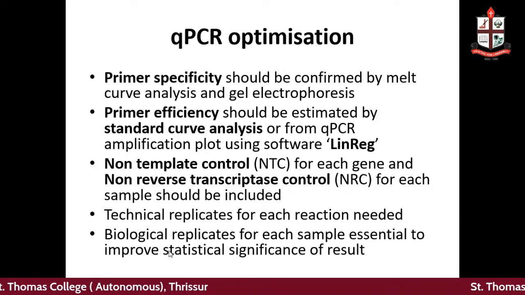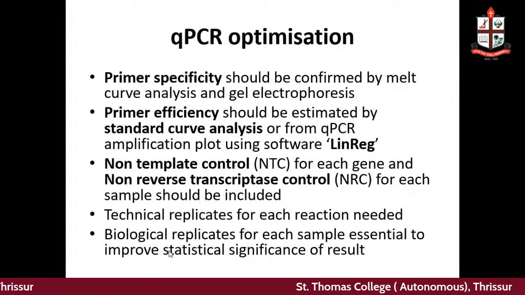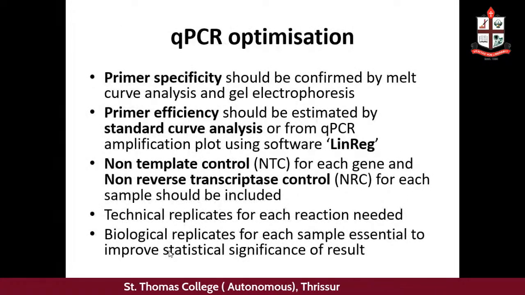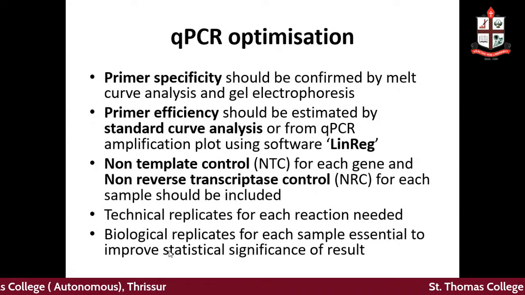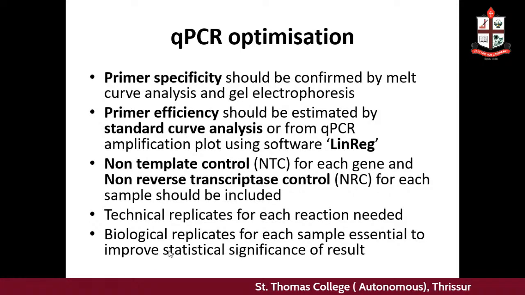So there are softwares where you can calculate this primer efficiency and then put the actual value based on your efficiency. So if your efficiency is 98%, instead of 2, actually you have to put 1.98 raised to minus delta delta Cq. Then only the fold change will be exactly correct.